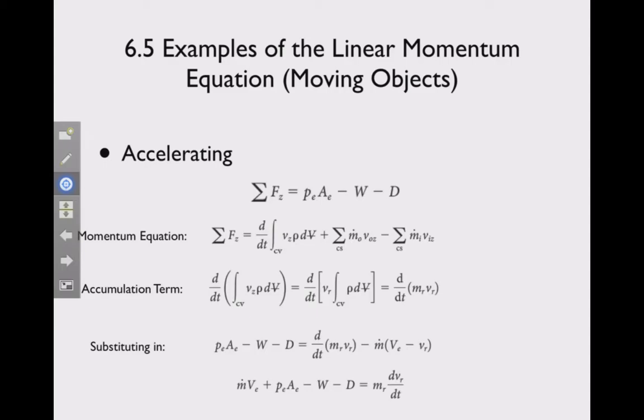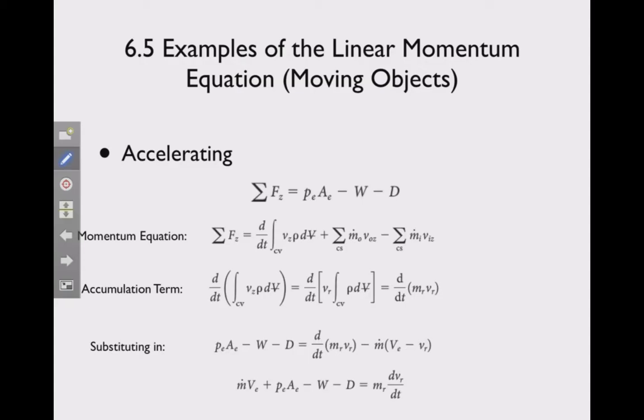If we expand this term out and work out the math, this is d(m_R v_R)/dt, basically the accumulation term of the rocket.